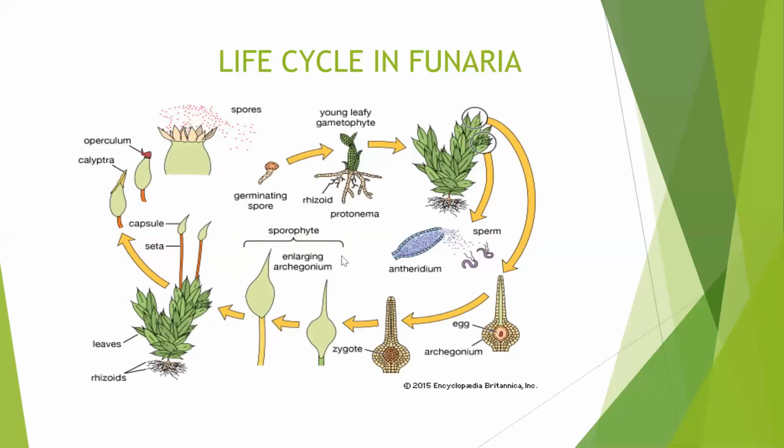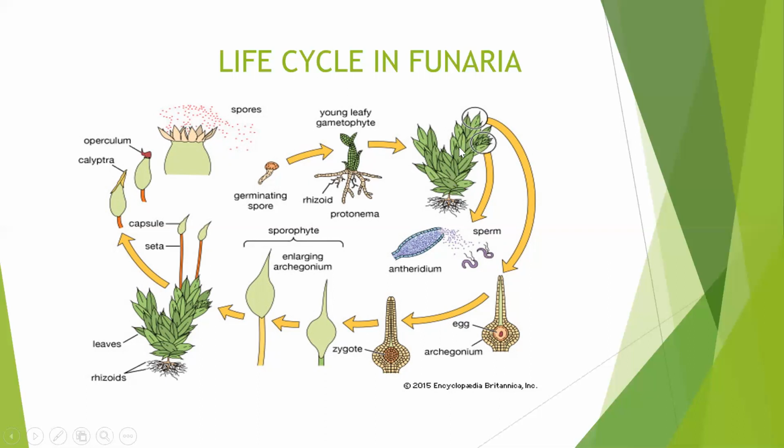These protonemas can reproduce vegetatively by fragmentation and budding. If a portion of the protonema breaks, it can develop separately into other protonemas, or it can form buds, and those buds can develop into protonema, and then that protonema gives rise to the leafy structure.